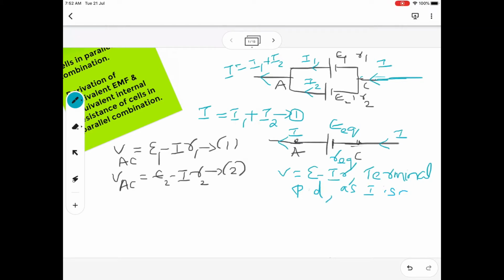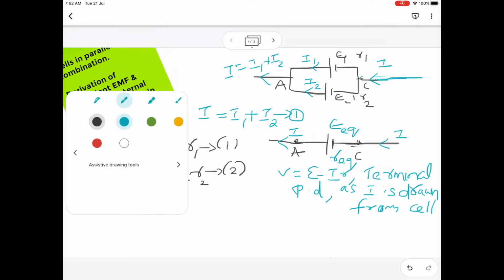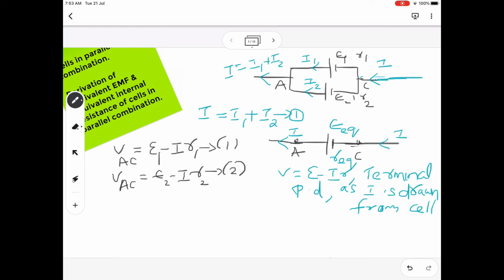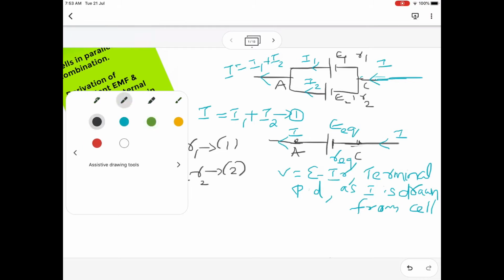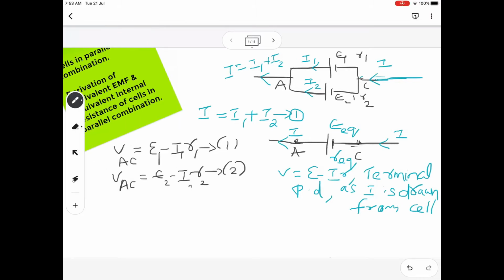These equations we are writing in terms of the basic theory related to cells, which says terminal potential difference is E minus IR. Here the potential difference must be a terminal potential difference between the terminals of both the cells, for the reason cells are sending some currents out, or a current is drawn out of both the cells. So what potential difference you measure will be a terminal potential difference.